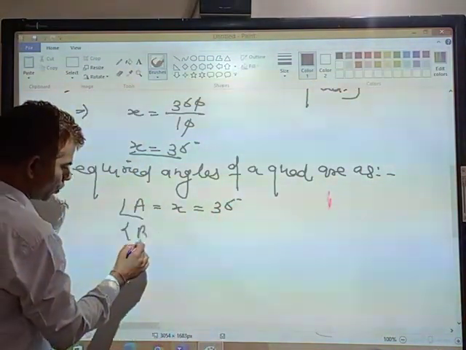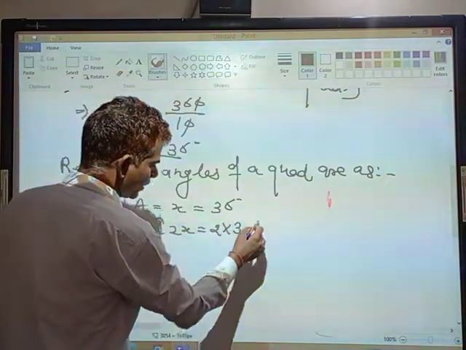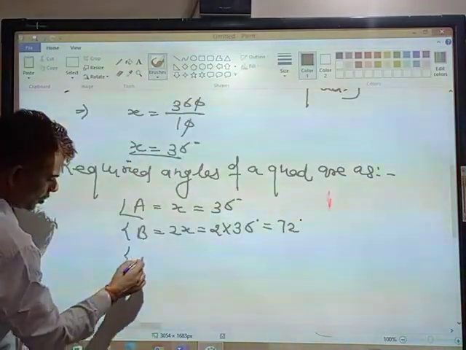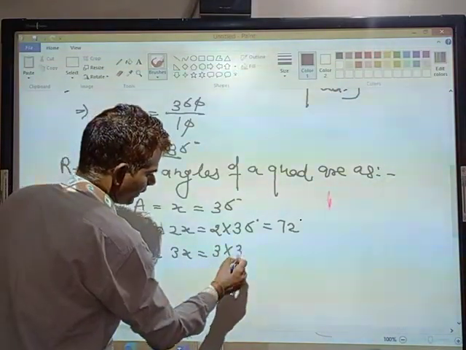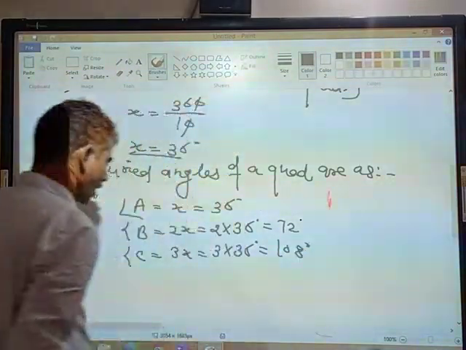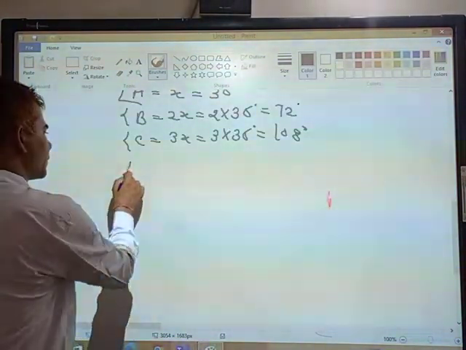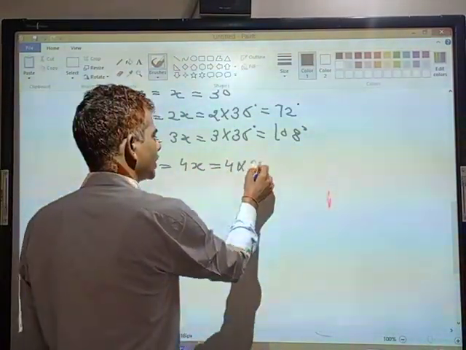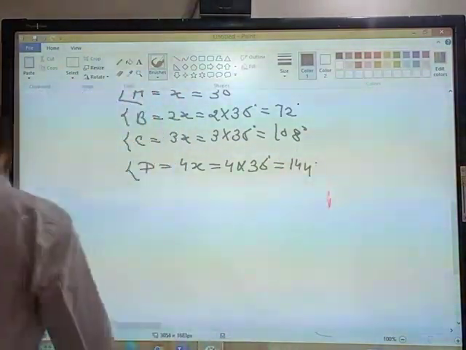Angle B is equal to twice of x, 2 into 36, it means 72 degrees. Angle C is equal to thrice of x, 3 into 36, that is 108. Angle D is 4 times of x, 4 into 36 is equal to 144 degrees. Yes, students.